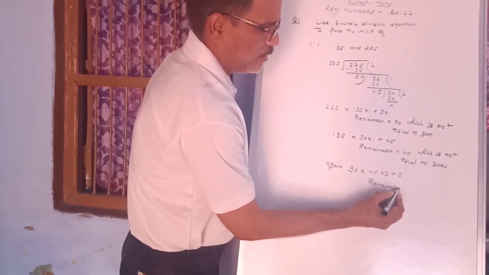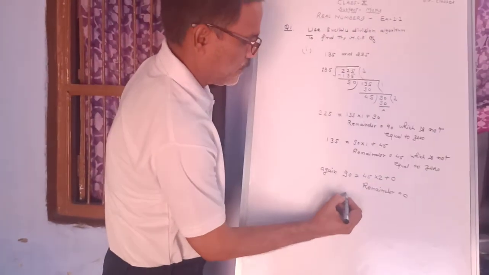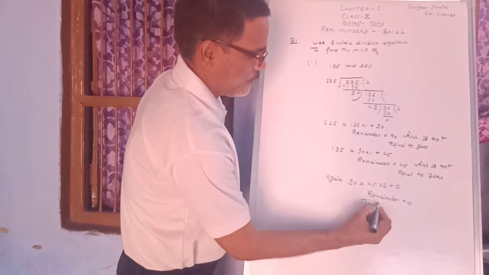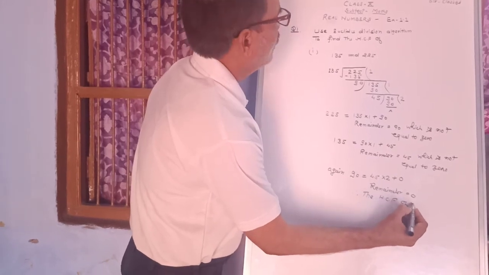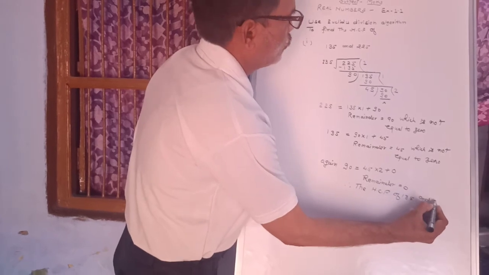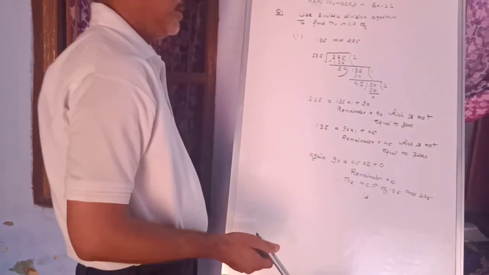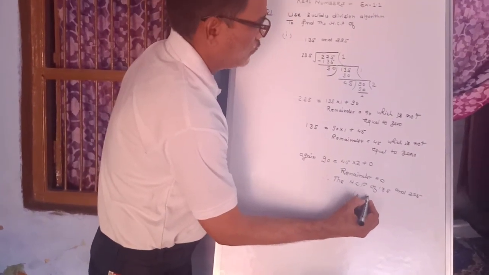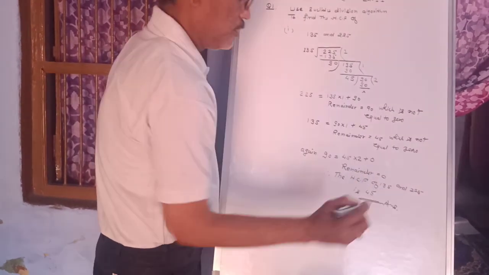Therefore, the HCF of 135 and 225 is the last divisor. Last divisor is 45. This is the answer of the question.